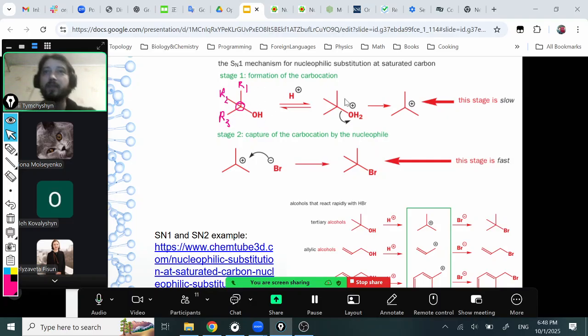It's chiral. And when we have an SN1 reaction, a leaving group leaves. So a leaving group has left, and now what we have is R1 here, R2 here, and R3 here.